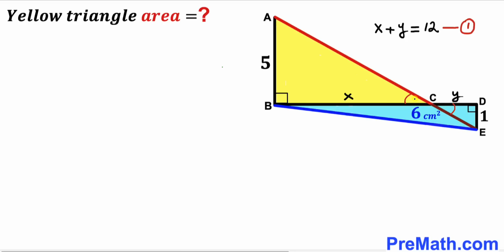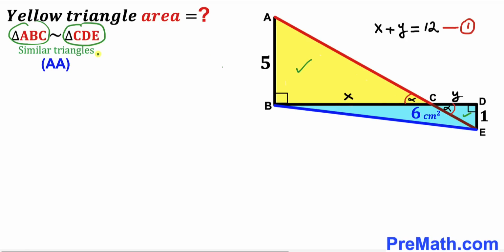In other words, if this angle is alpha, then this angle has got to be alpha as well. Moreover, this angle is 90 degrees, and likewise this angle is 90 degrees as well. So we conclude that these two right triangles, ABC and the tiny CDE, are similar triangles according to the angle-angle similarity theorem.